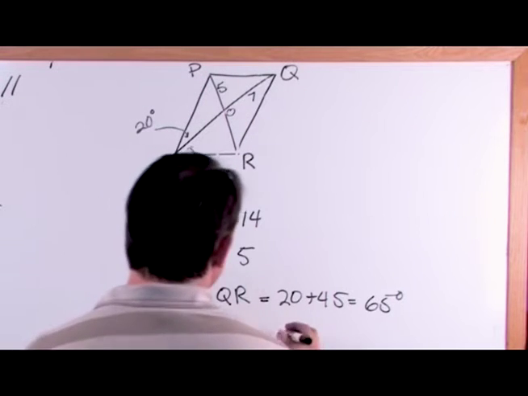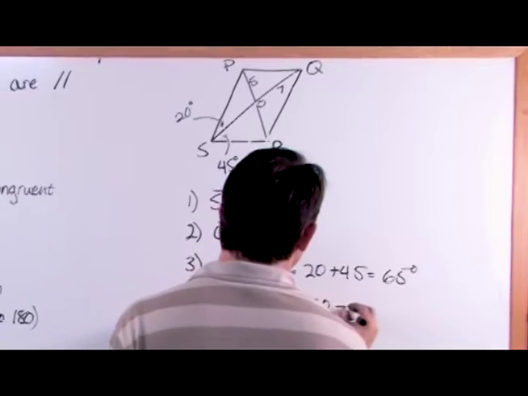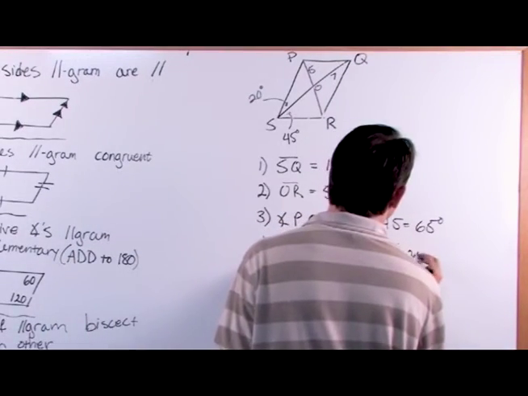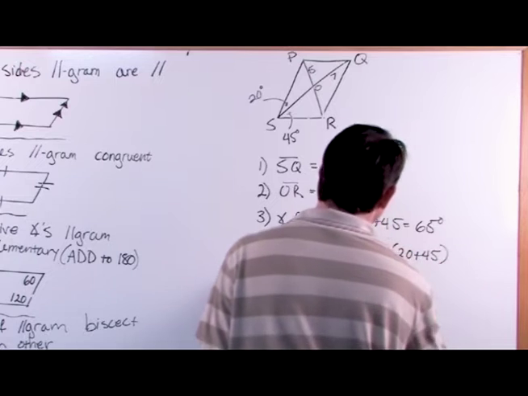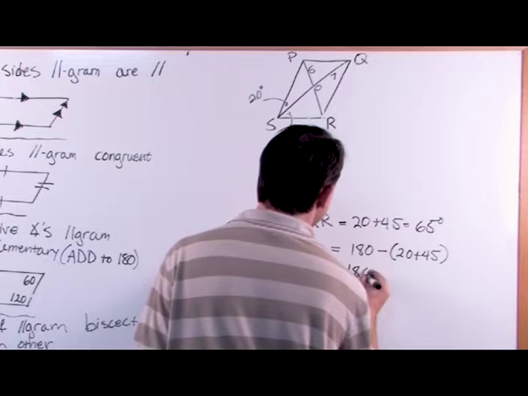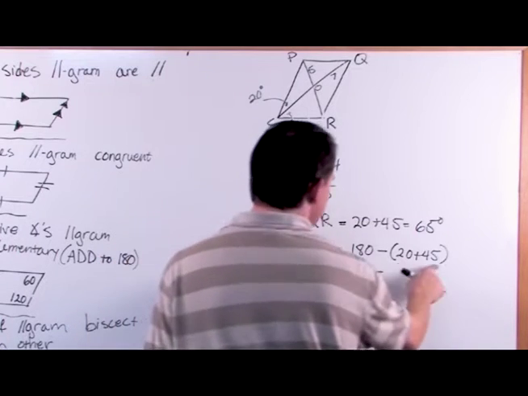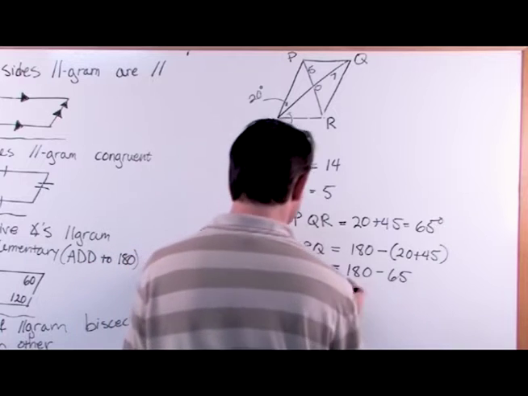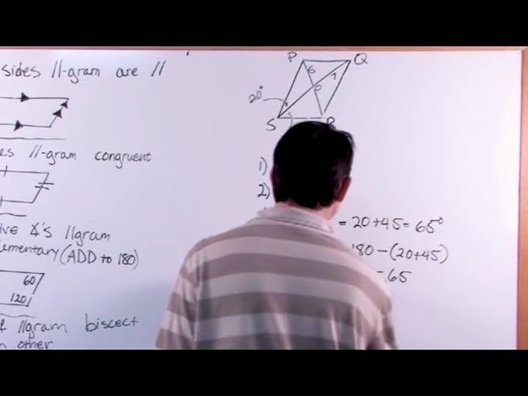So all I have to do is say it's 180 degrees minus the 20 plus the 45. And let me finish this math and I'm going to show you why this makes sense a little more clearly. 180 minus 65. So this angle is going to be 115 degrees.